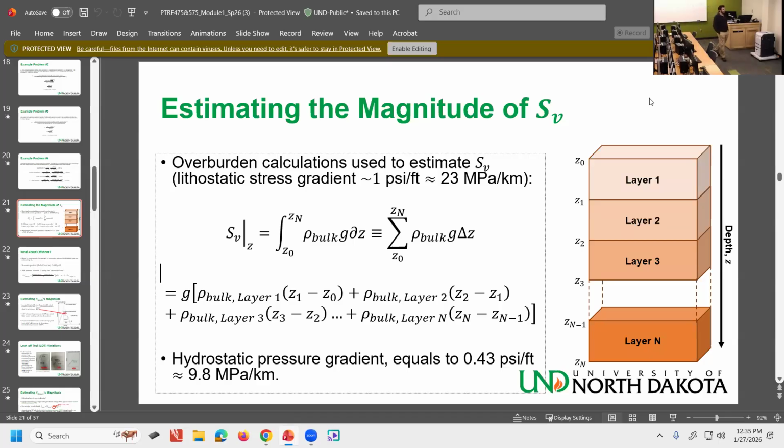I mentioned last time, be careful when you see the word hydrostatic. Sometimes it might be referring to fresh water, sometimes it might be referring to any fluid. You need to understand the way the word is used in the context of the sentence. It's a very confusing thing, because when we say the hydrostatic weight of this fluid is such and such, it doesn't mean that this fluid is fresh water.